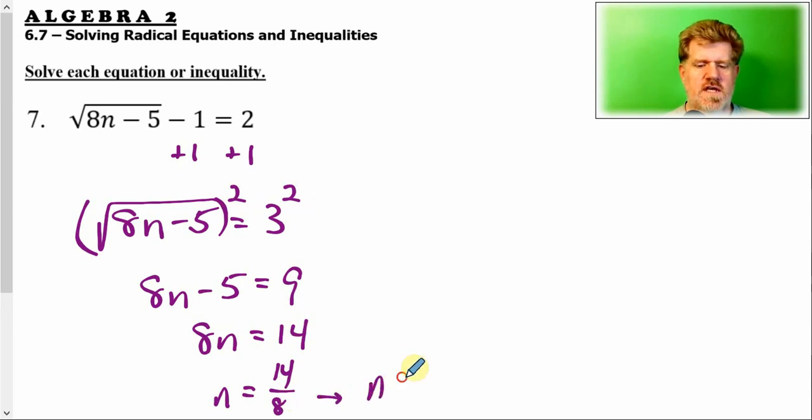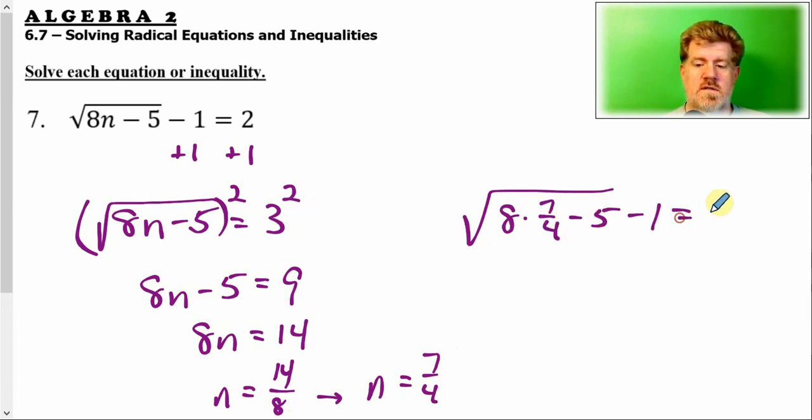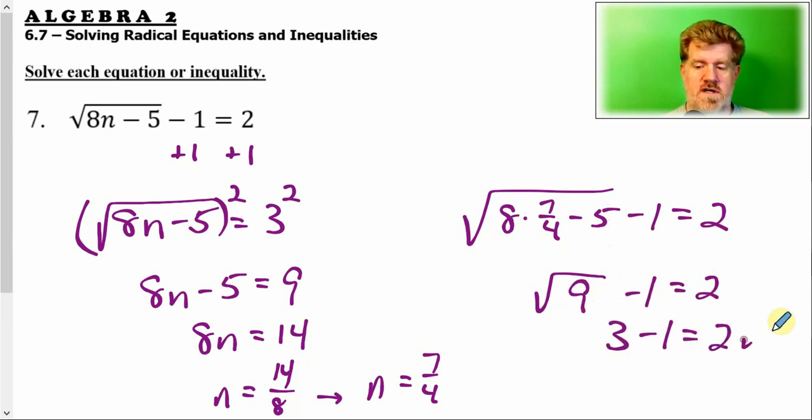I will reduce that to 7/4 and see if that works. So 8 divided by 4 is 2. 2 times 7 is 14. 14 minus 5 is 9. Okay, that's all right. That checks out. This is an answer.